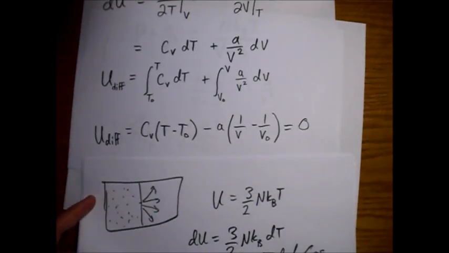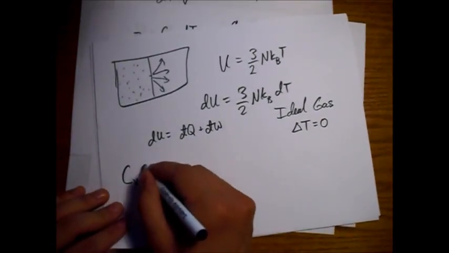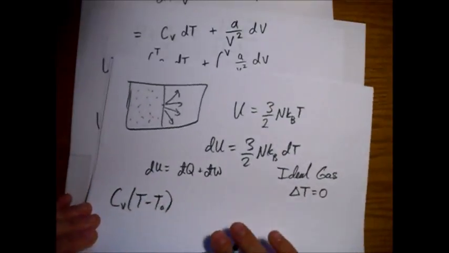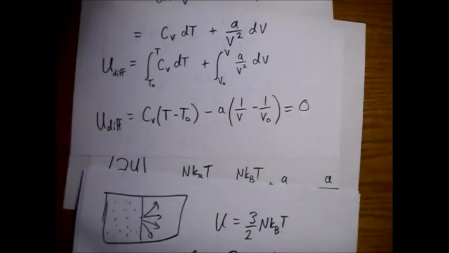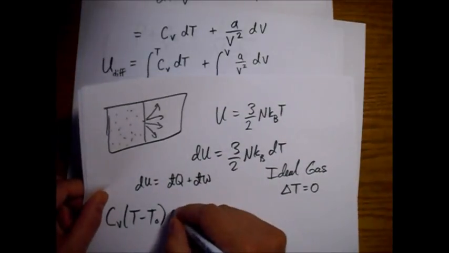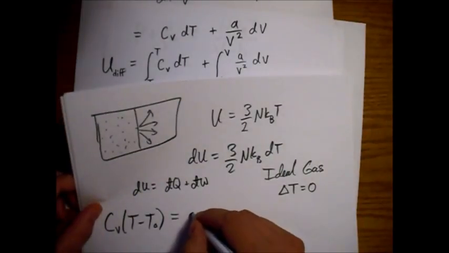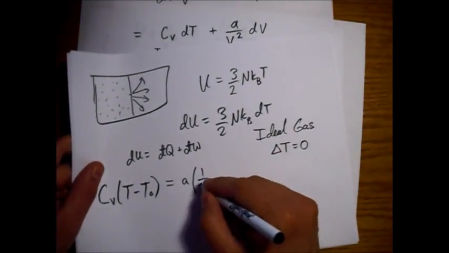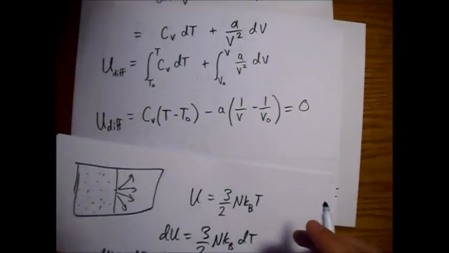Okay. So when we write this, I'm going to write C_V. This is just this term right here, and I'm just going to bring this term over to the other side. So C_V multiplied by the quantity T minus T naught is equal to A times 1 over V minus 1 over V naught, like this.